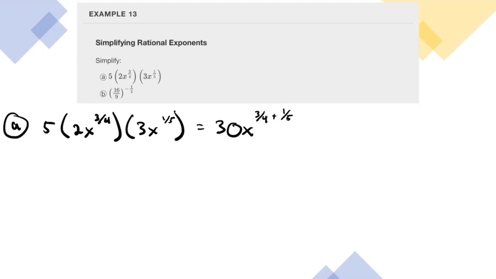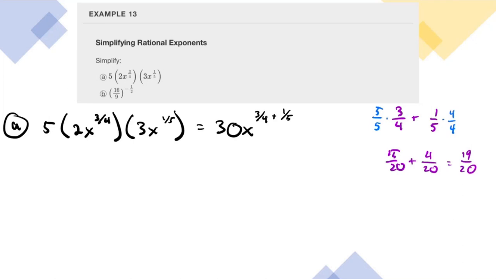So then 3/4 plus 1/5. We need a common denominator, so it looks like it's 20. We're going to multiply this by 5 over 5 and this one by 4 over 4. So that gives us 15 over 20 plus 4 over 20 to give us 19 over 20.